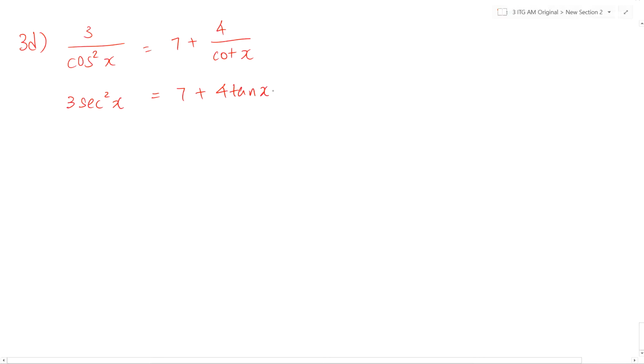Are you able to do this step? Is it clearer for you now? What shall we do? We got cosecant to become... Okay, be careful with what I say. Tangent square x plus 1. Quadratic, can do again. Can?